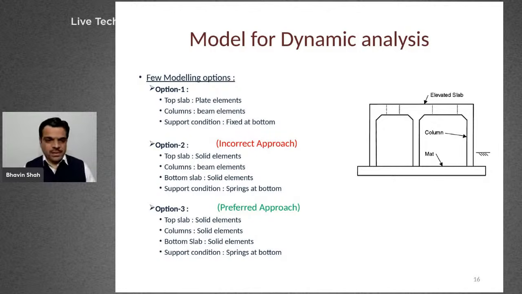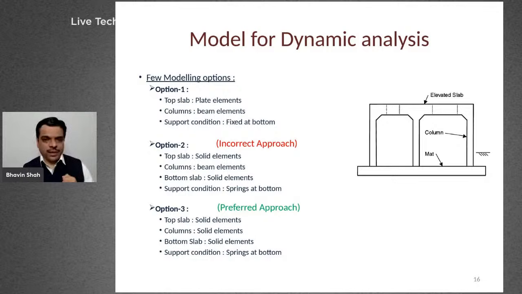I have given some numbers showing the differences I observed, and that is why option number 3 is preferred for me: by using solid elements, my natural frequency in the first mode will increase.